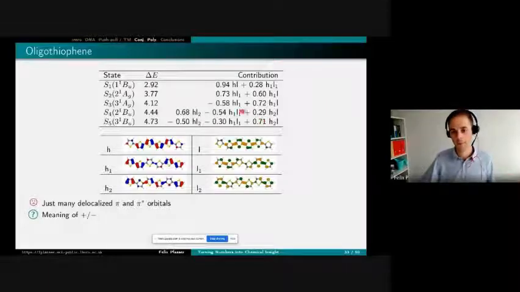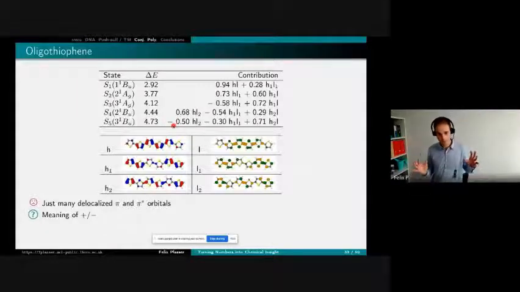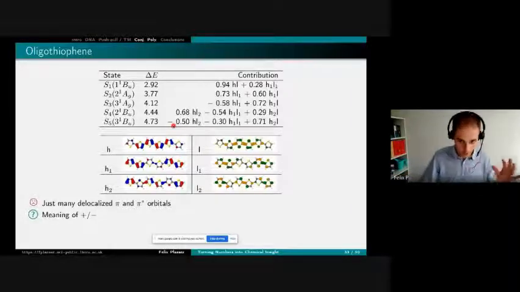More specifically, for example, if we compare S2 and S3, the only difference is the minus sign here. If we compare S4 and S5, again, the only difference is the minus sign here. So clearly, just the shapes of the orbitals don't tell the whole story. If you want to tell the whole story, then you need to take account of this sign.